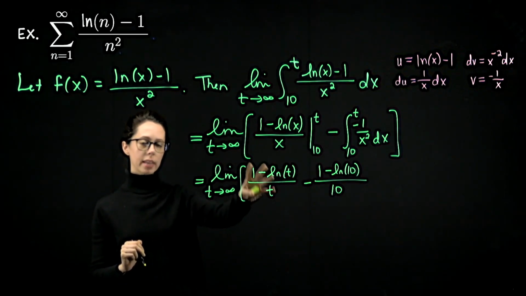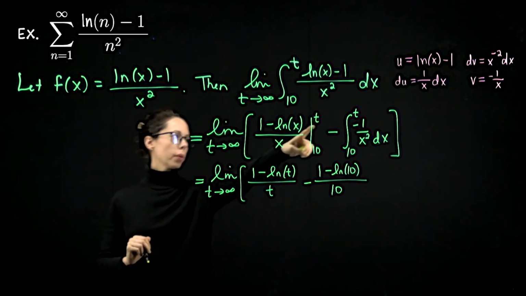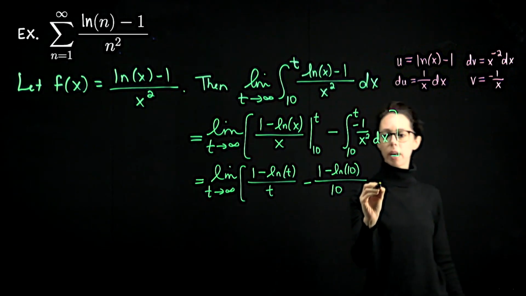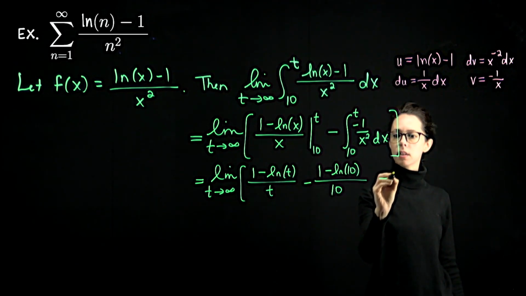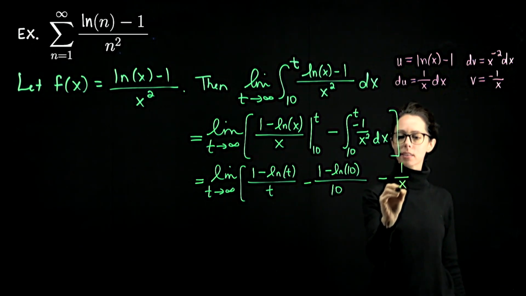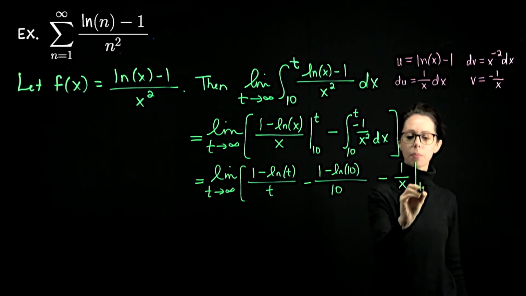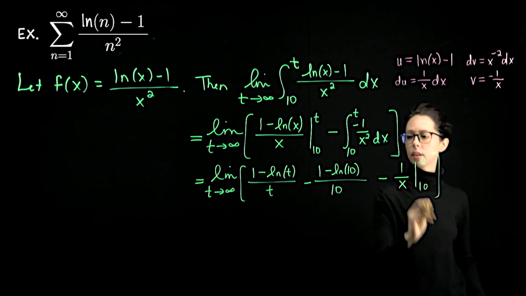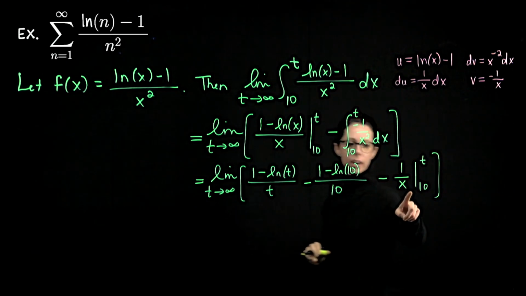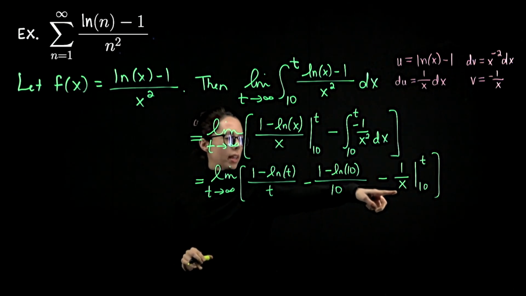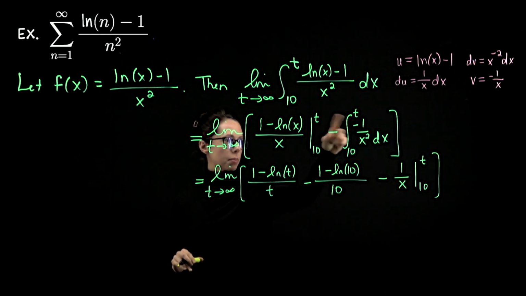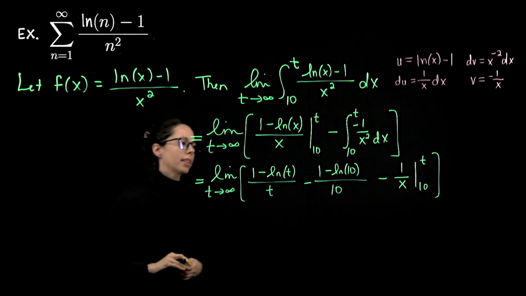This first part we'll need to analyze as t goes to infinity. Going on to the second part here, we will have minus 1 over x. I'll check that in a second, going from 10 to t. Okay, so let's make sure I did the right thing here. This is x to the negative 1. If I bring it down, that becomes positive x to the negative 2. Yes, I think that looks right.